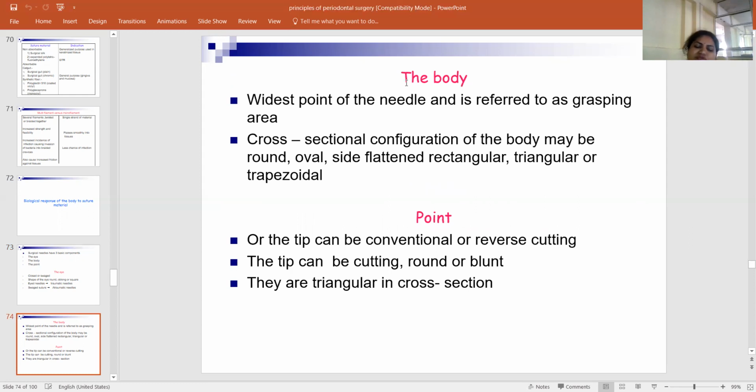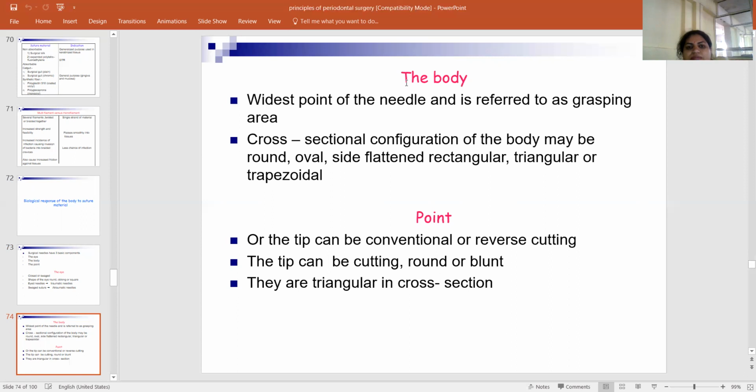And the body. What happens with the body? It is the widest part of the needle and it is referred to as the grasping area. Why is it called the grasping area? Because it is the area from which we hold the suture needle.